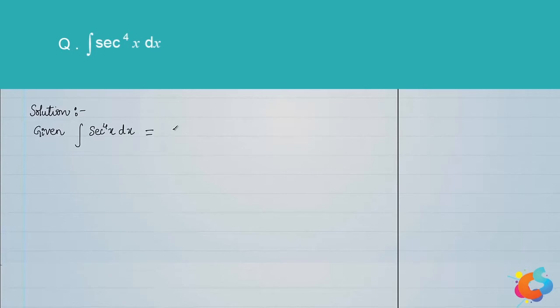So let us write secant to the power of 4x as secant square x into secant square x dx. We know that from the properties of trigonometric identities, secant square x can be written as 1 plus tan square x.